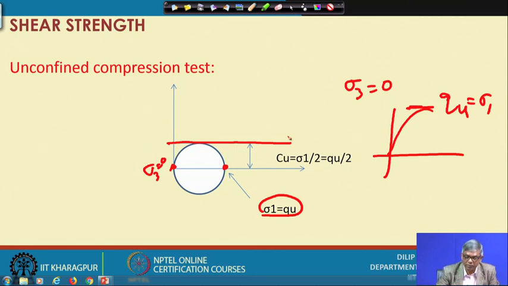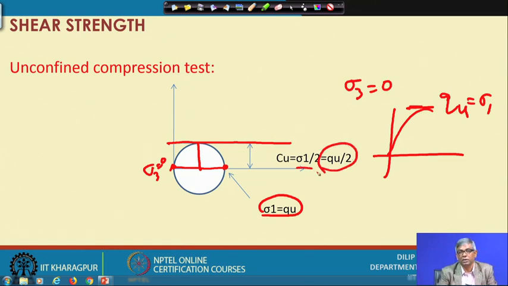Then the Cu from the unconfined compression test will be half of the diameter, that is the radius. The diameter is sigma 1, so the radius will be sigma 1 by 2, that means Cu equal to sigma 1 by 2, which is nothing but q u by 2.